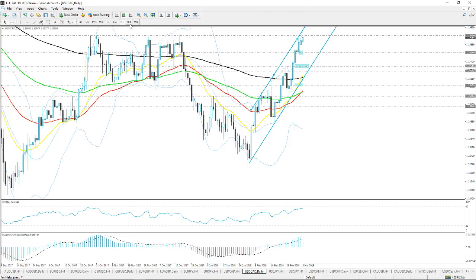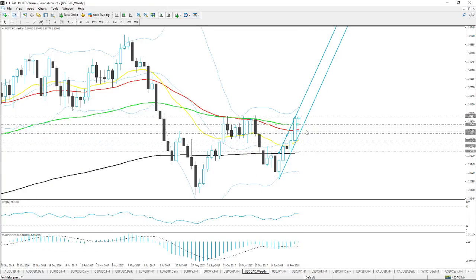It is looking strong, especially looking at last week. We had this huge candle to the upside.